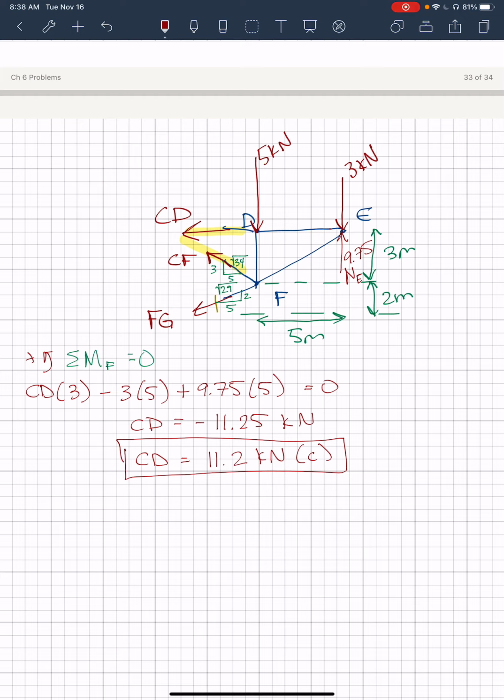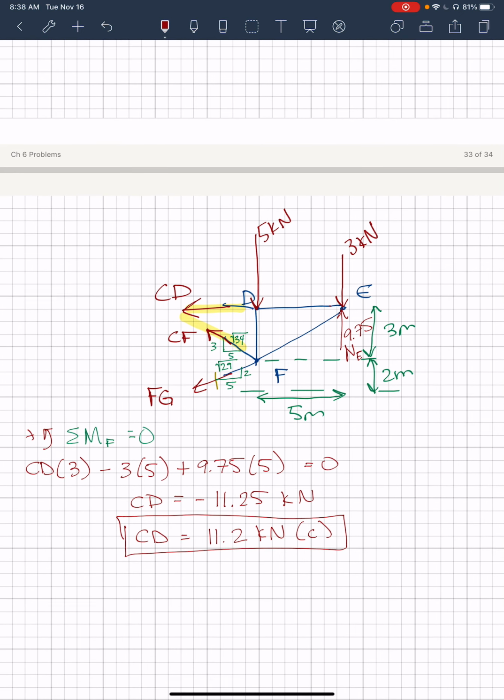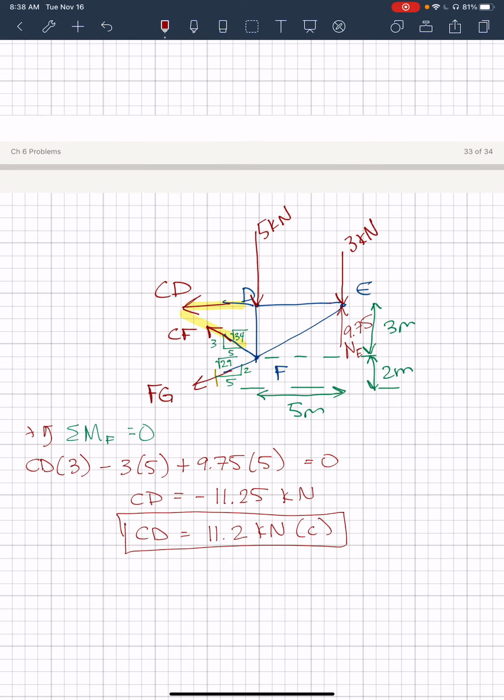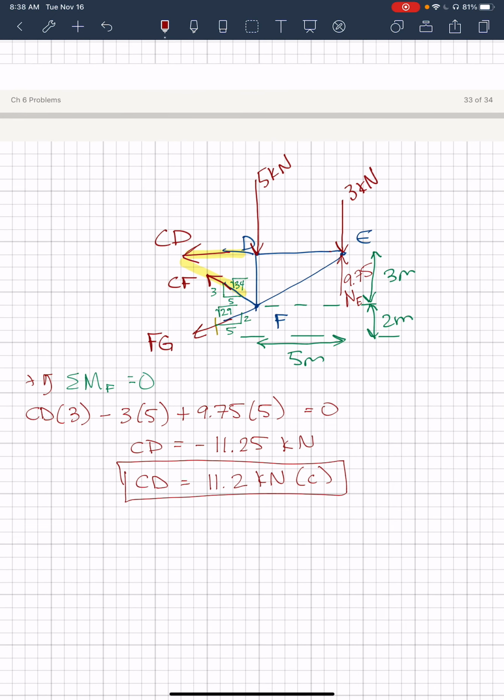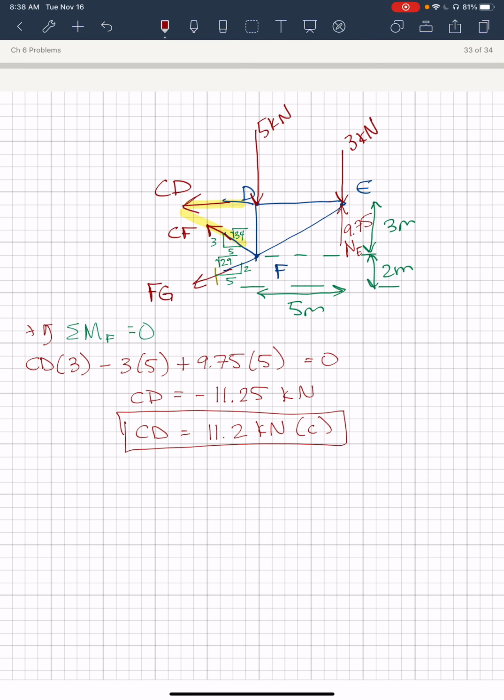Now we can sum the forces in the X direction or the Y direction. Since both of our unknowns, CF and FG, have X and Y components, it's not going to really matter which. We're going to have to do both to get to that CF that we're looking for. So we'll start by summing the forces in the Y direction equals 0.